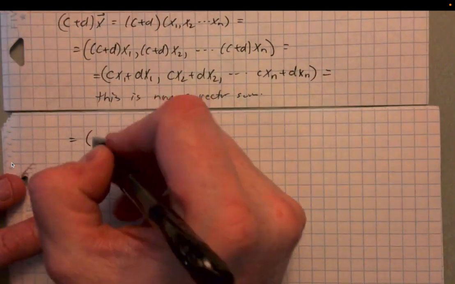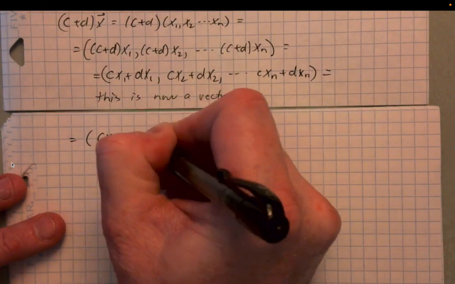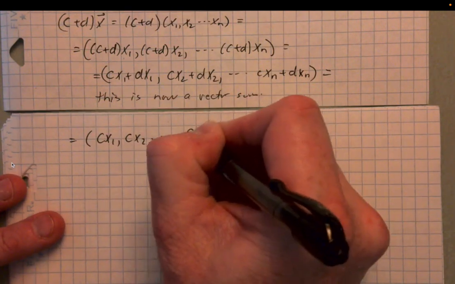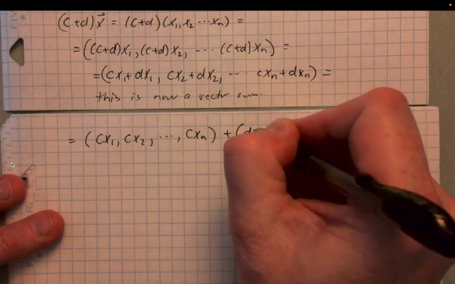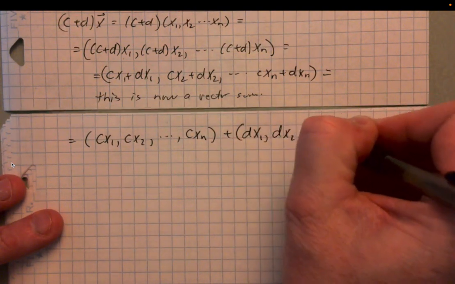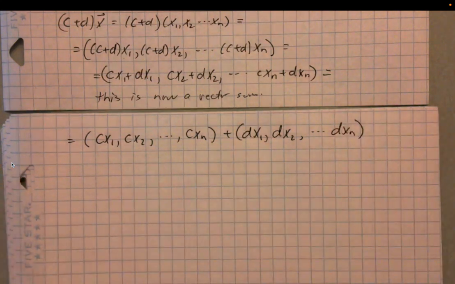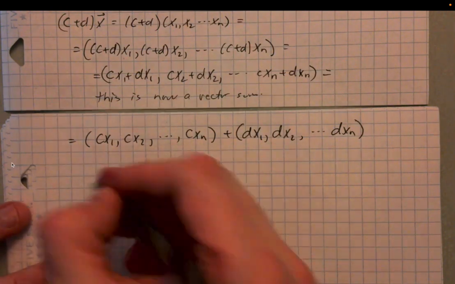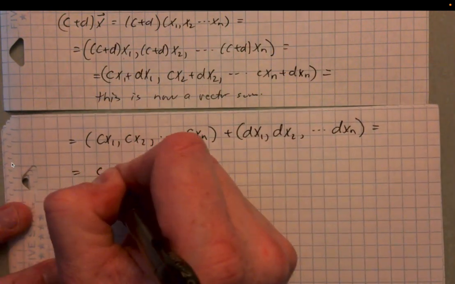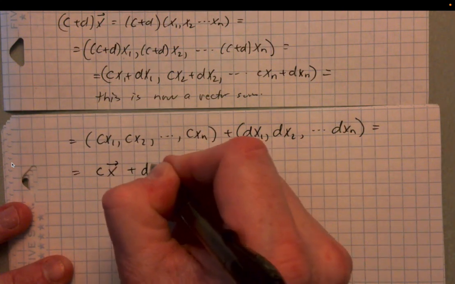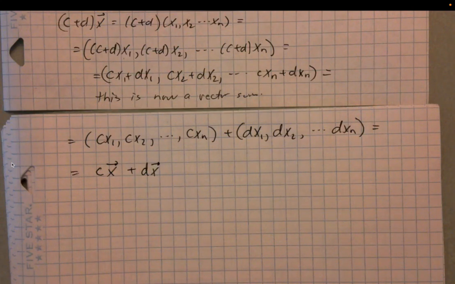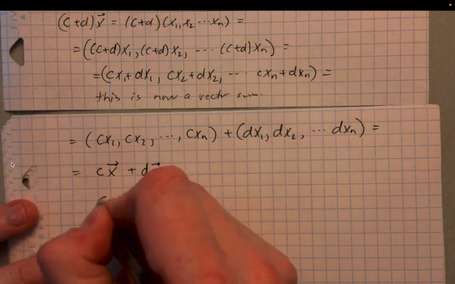Well, you've got this one here, which is cx1, cx2, dot, dot, dot, cxn, and then the other vector is the dx vector, dx1, dx2, dxn, right? Okay, and then this is just c times x, and this is d times x. And so that's exactly what we wanted to show.